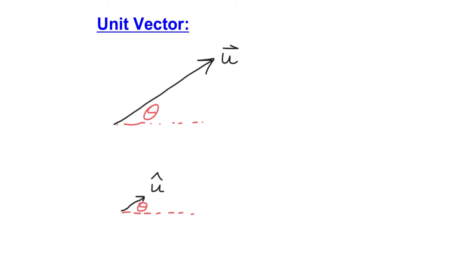Now, if I refer to a vector with the same direction, but with a magnitude of 1, then I can call it the unit vector, and I label it with the same symbol with a hat. So it has an upward pointing arrow on top. That refers to the unit vector. We're not really going to use that too much right now, but that idea will come into play a little bit later in the unit.